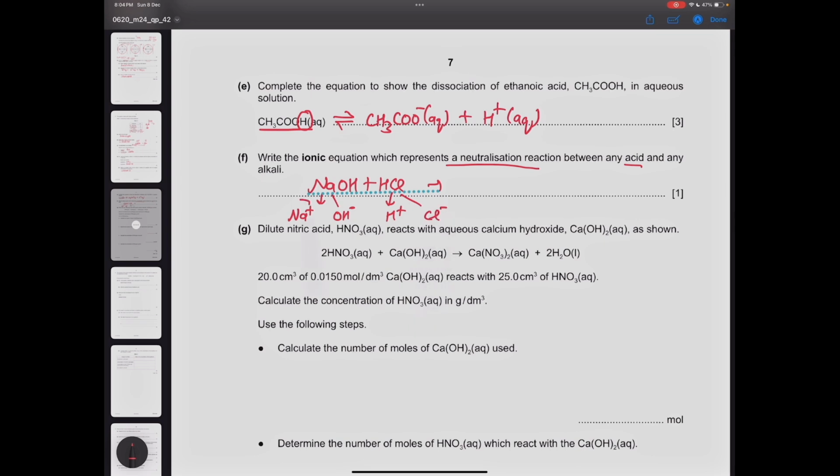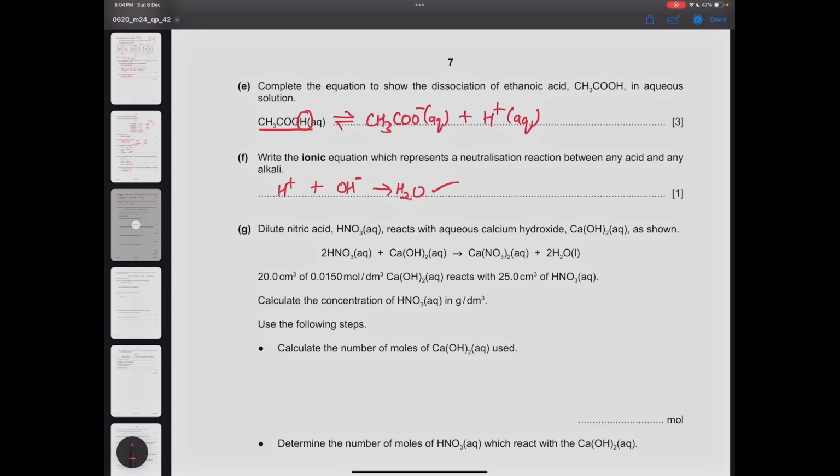So Na combines with Cl, forms NaCl, which we already know, and H plus combines with OH. So this is the common reaction which happens in all neutralization reactions, right? So let me just erase this. Your answer should be H plus plus OH minus, giving H2O. All right.